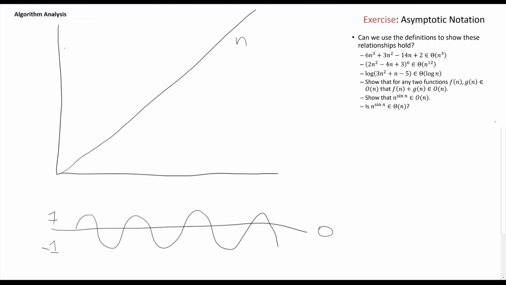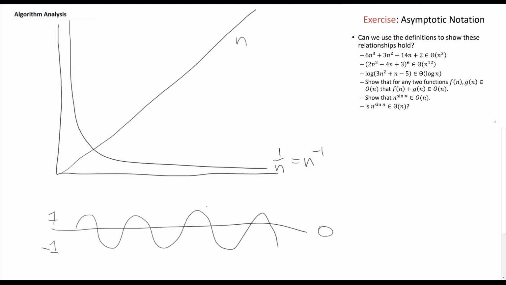Now the other line we can draw, this one might be a little bit harder for me, is something like this. Yeah, there we go. This is about 1 over n, or n to the minus 1. So this is also the lower bound as our function continues on.